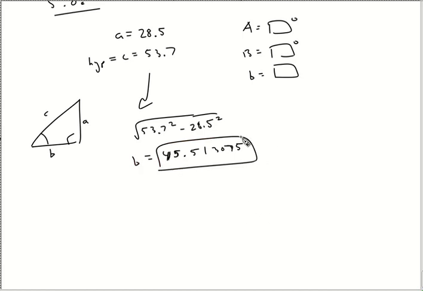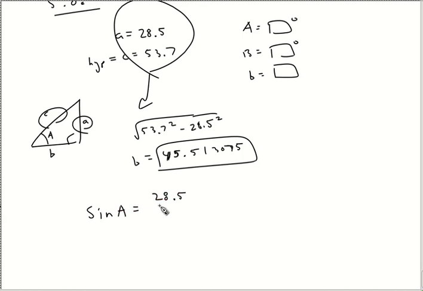So there's my B. How do I find my angles? Well, this is going to be angle A, and we have A and C, the things that we have there. Using those two, sine, cosine, or tangent, I'm going to do a sine. So sine of A is going to be equal to my 28.5 over the 53.7.